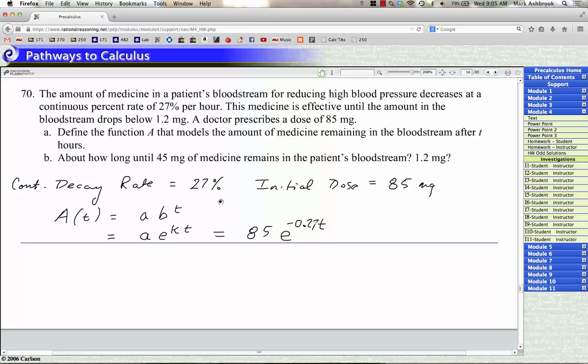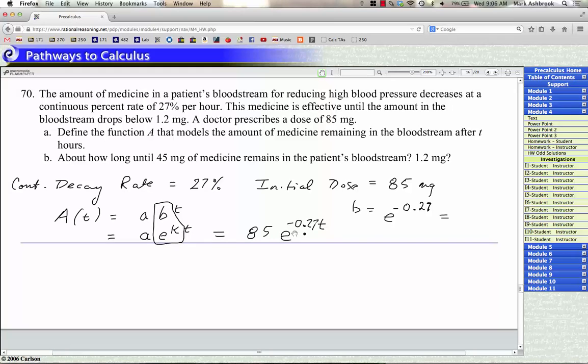The value of e to the negative 0.27, which represents the true 1-hour decay factor. Yeah, it's b. So this won't give us a rate, but it'll give us the true 1-hour decay factor. This is the value of b. b equals e to the k, right here.